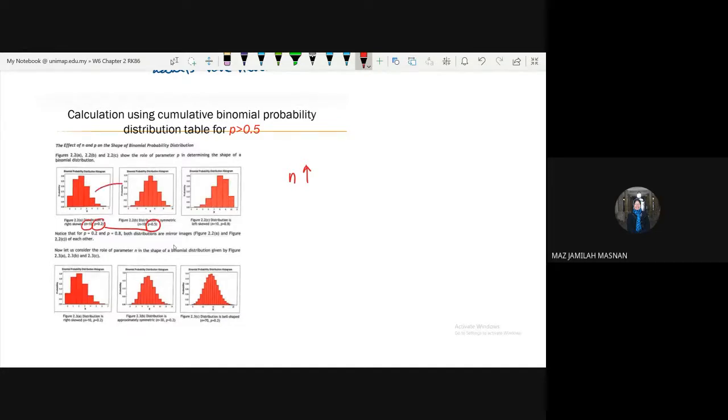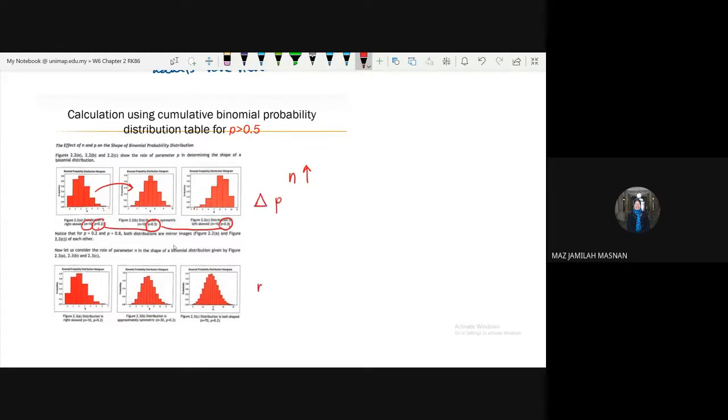The graph will change to almost look like a symmetric distribution. If you increase the probability of success further, it becomes skewed to the left. When p is too small, it's skewed to the right. When p is too large, it's skewed to the left.